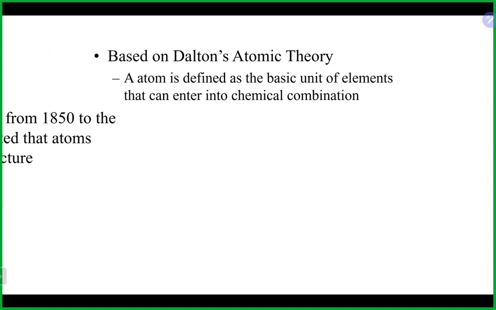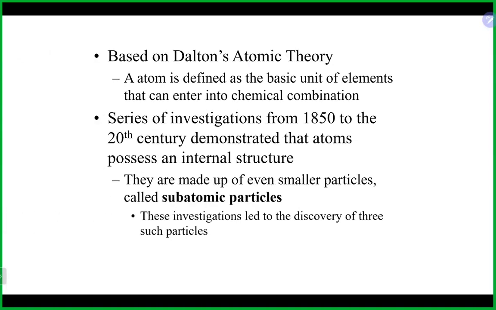Based on Dalton's atomic theory, several things were thought of. Again, the idea that the atom is the basic unit of these elements that could come into chemical combination. A lot of investigation early on through the 20th century demonstrated that although atoms are really small particles themselves, they have even smaller particles within them, an internal structure.